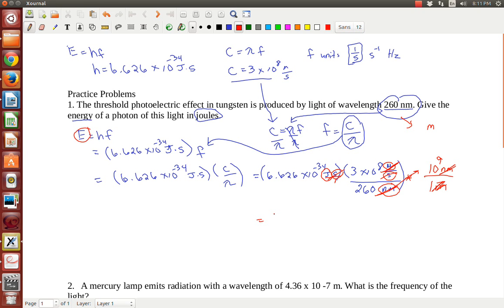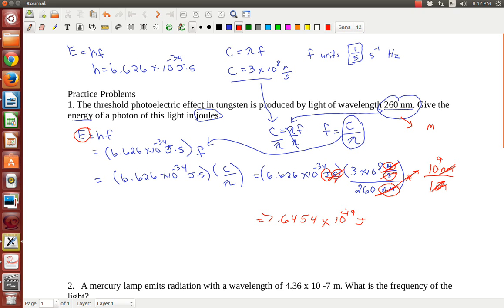I'm going to tell you exactly how I put it in my calculator. 6.626 second function e negative 34 enter times 3 second function e 8 enter divided by 260 enter times 10 up caret 9 enter, and I get 7.6454 times 10 to the negative 19 joules.